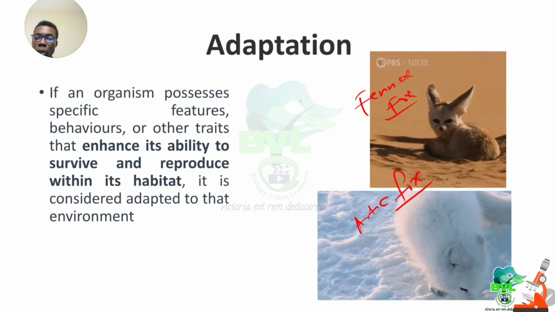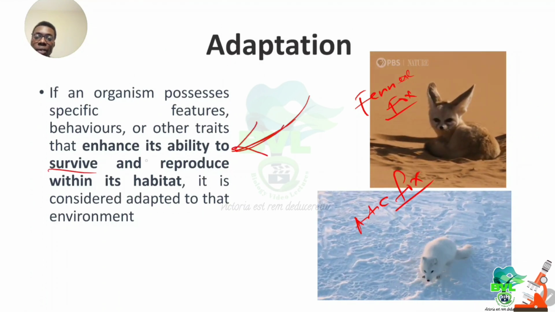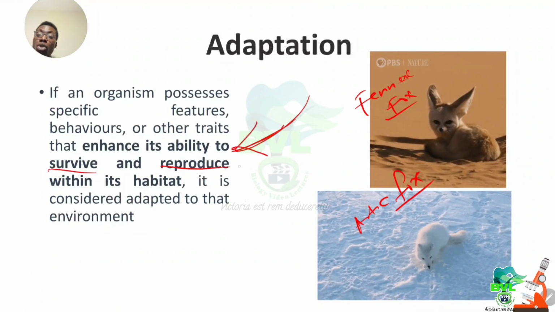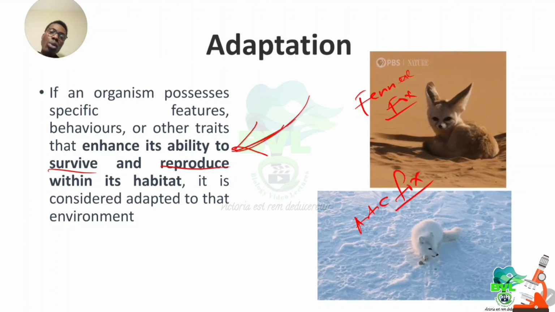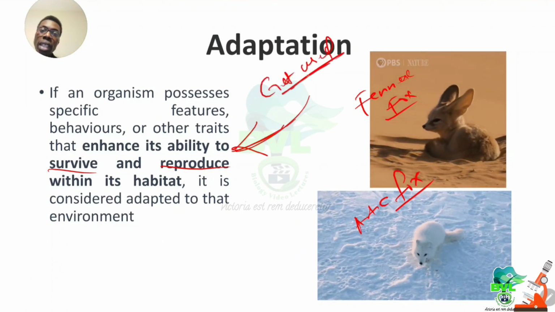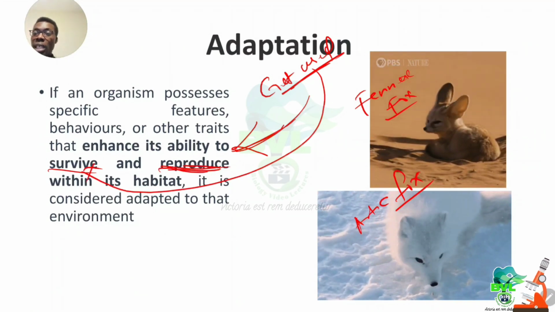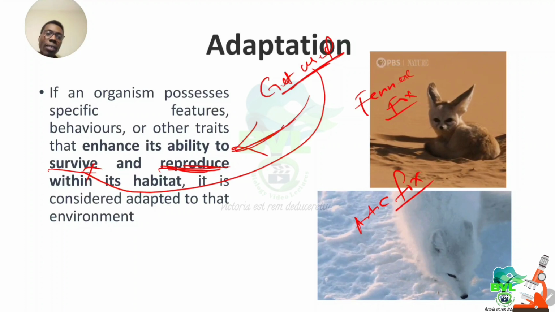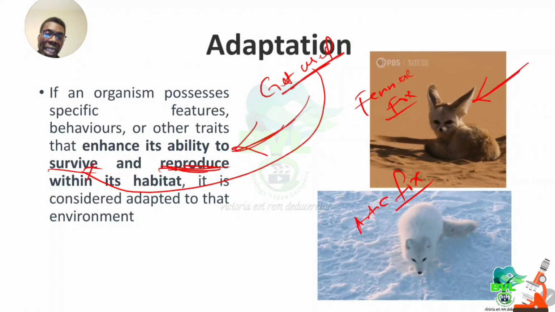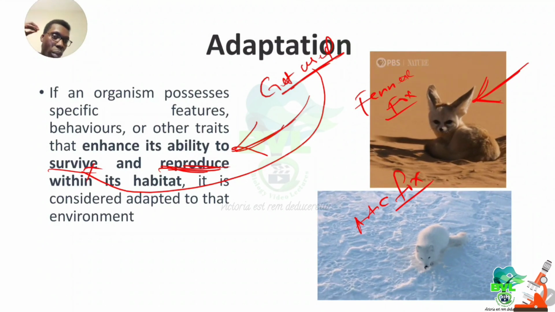Now, what's adaptation to start with? That's the ability of organisms to survive and be able to reproduce. So the organism must be able to get used to its environment. That will make it survive. If it survives, it's going to reproduce within the environment. So now look at this fennec fox here. It has a rather large, long ear, or the pinna, that long part.